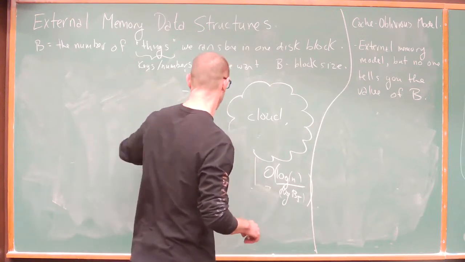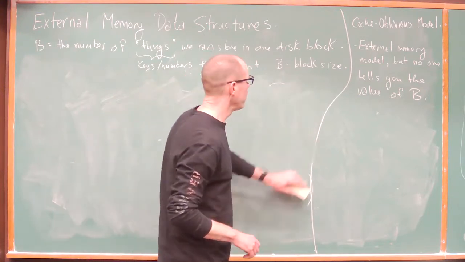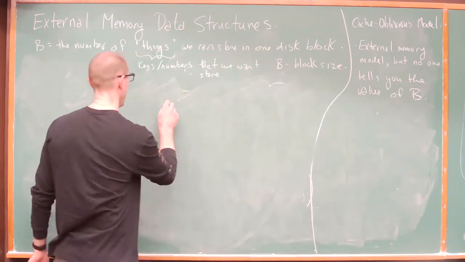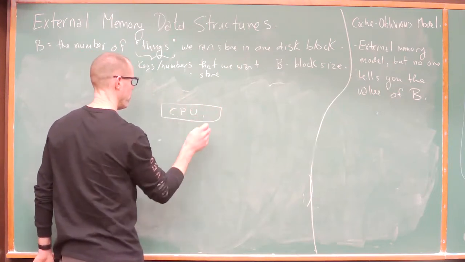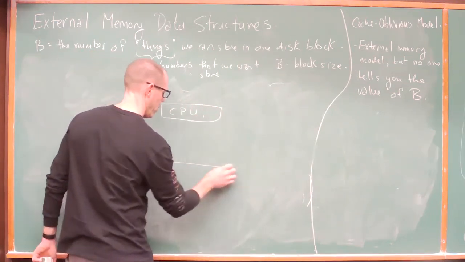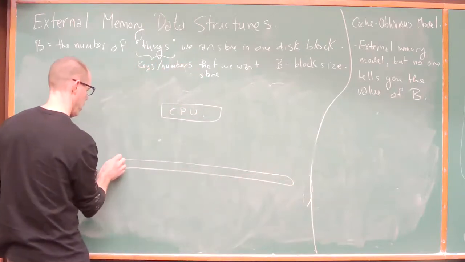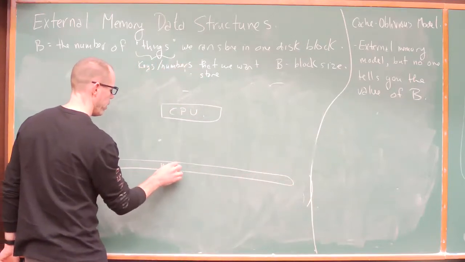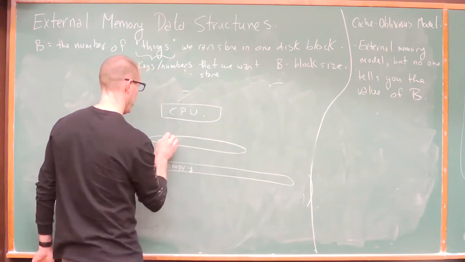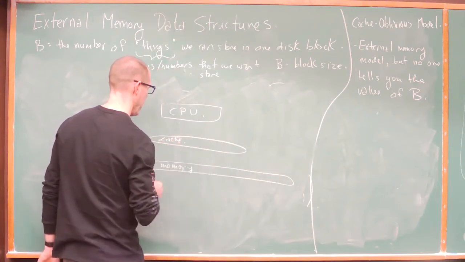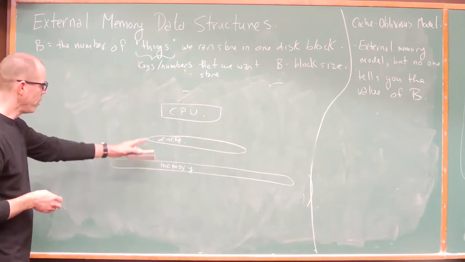So really, the model in this cache-oblivious model simplifies down to: you have a CPU, you have a memory, you have a cache.